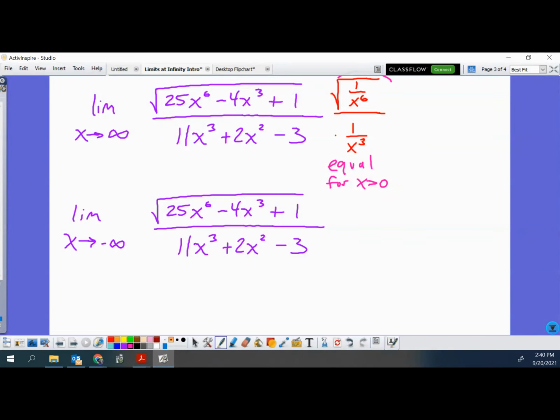That way, this whole thing is equal to 1, again, for positive values of x, and so we are able to go ahead and multiply it that way. And so what we get is the limit as x approaches infinity. Let me just shrink this up so I have some room to work.